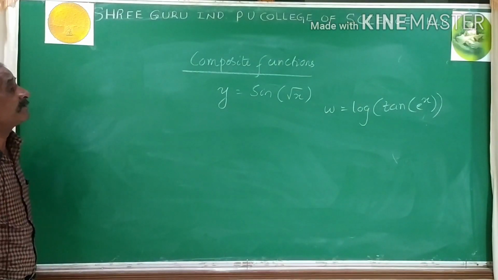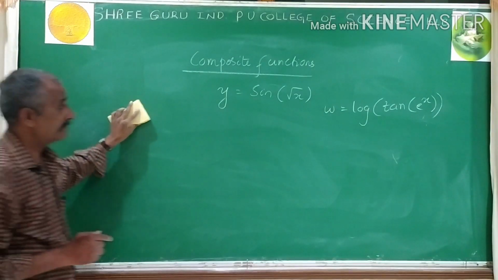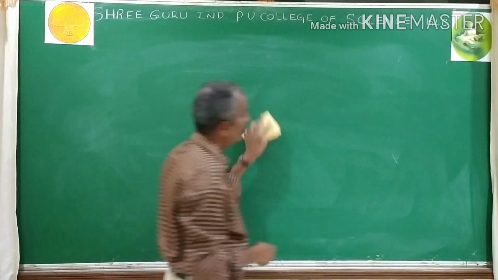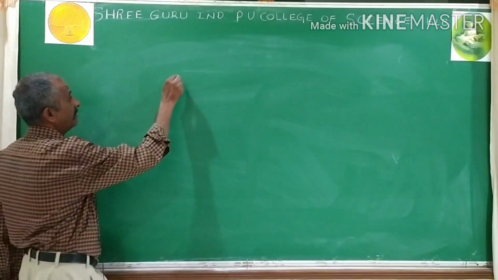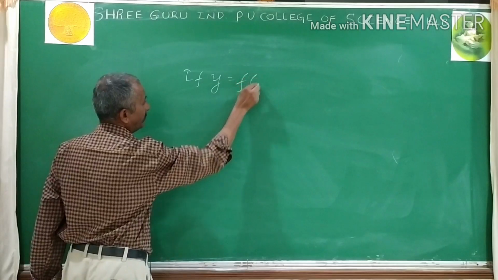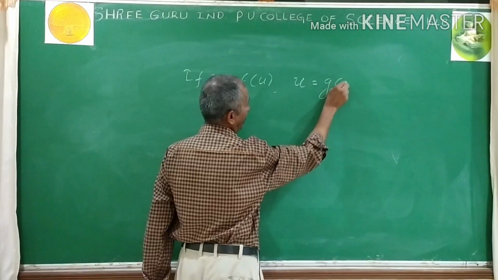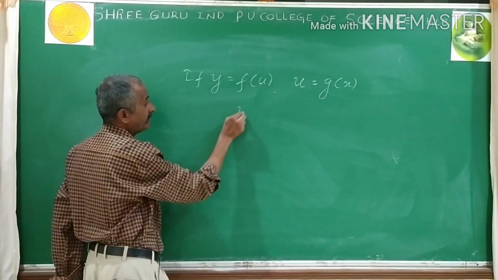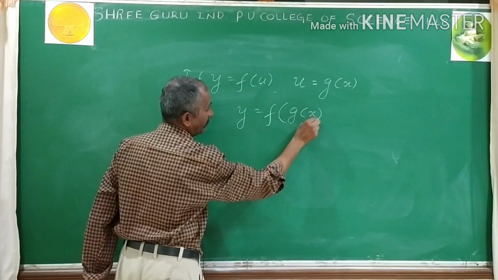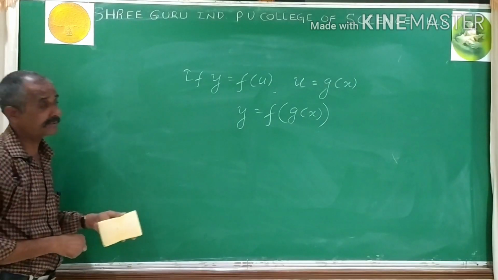It is given by a rule, what is generally called the chain rule. Let us see what that chain rule is. The chain rule says that if y is equal to f of u and u is equal to g of x, that means y becomes f of g of x, meaning y is a function of x, nothing but y is a composite function of x.